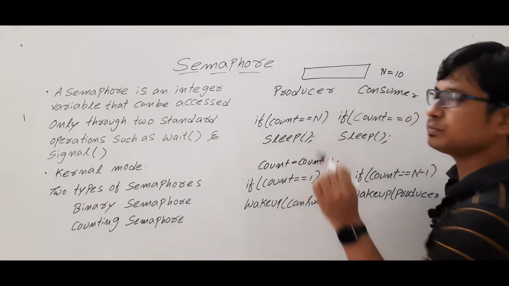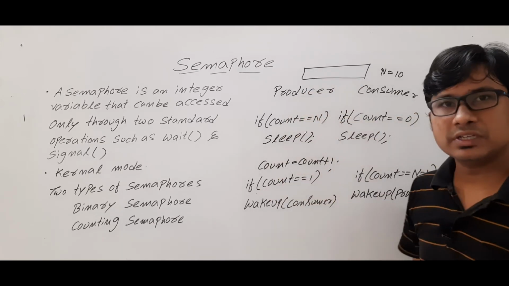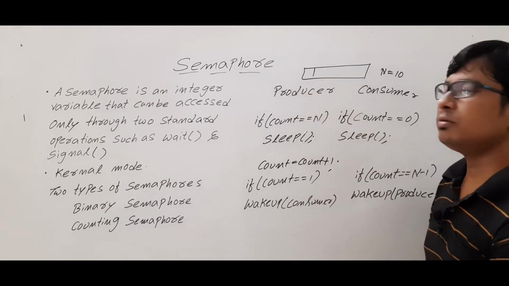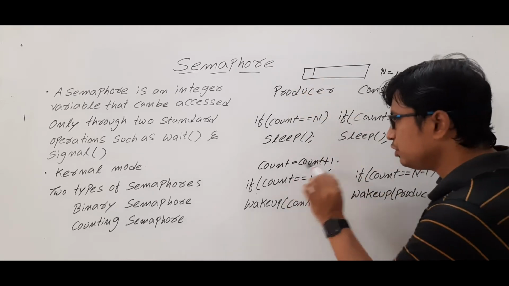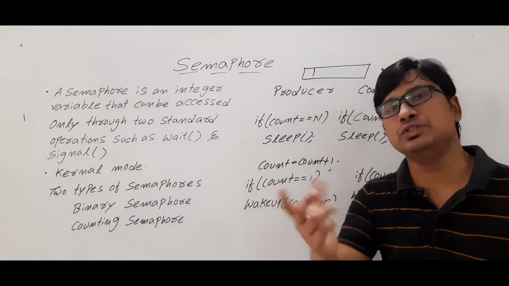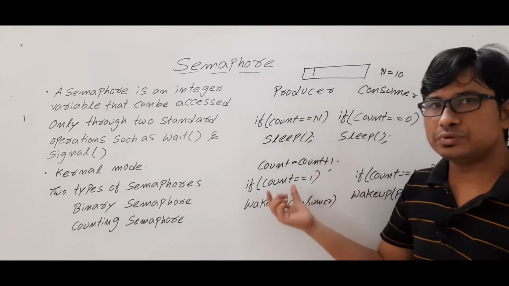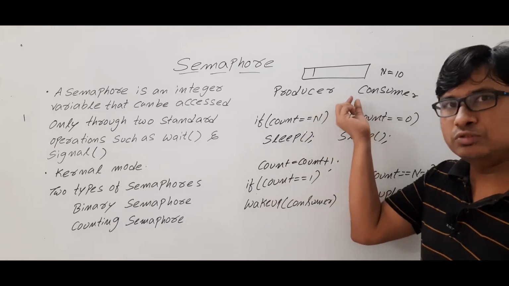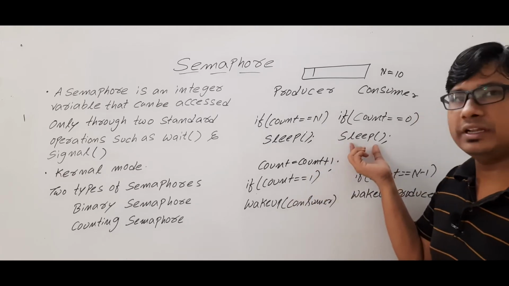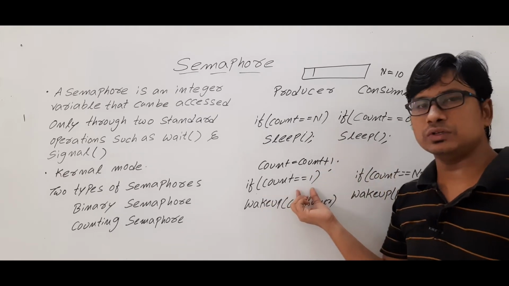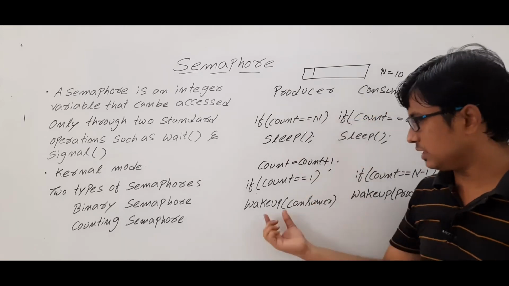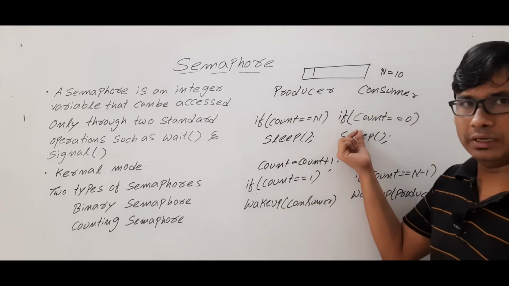Suppose how many items are there in the buffer? 0. Now one item was kept. Now what will be the count value? 1. So if count value is equal to 1, meaning before that count value was 0. Then the producer thinks that maybe the consumer would have seen count is equal to 0 already, and he would have been in the sleep state. So when count is equal to 1, there is one item which was produced by the producer, then he will wake up the consumer.